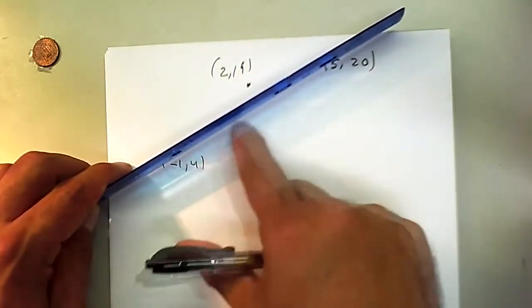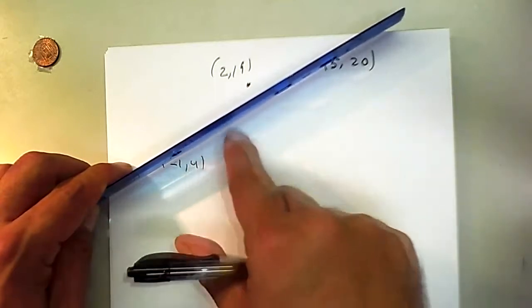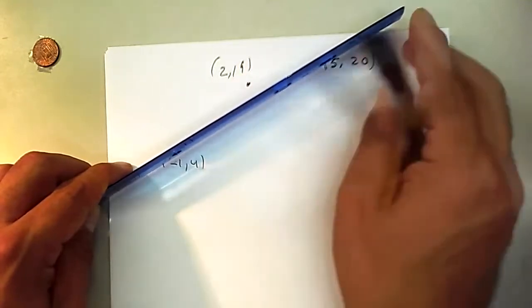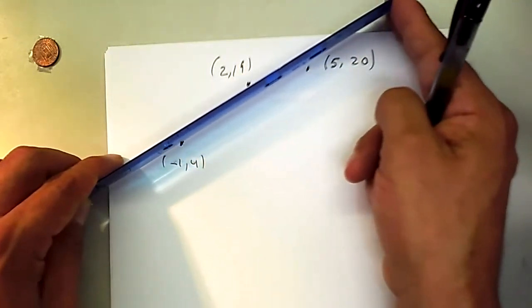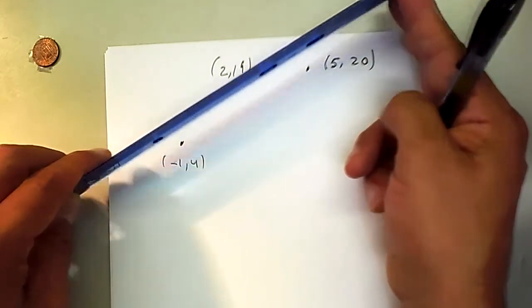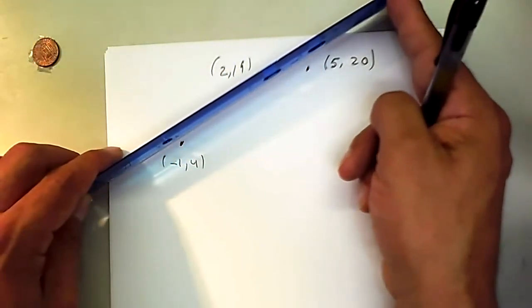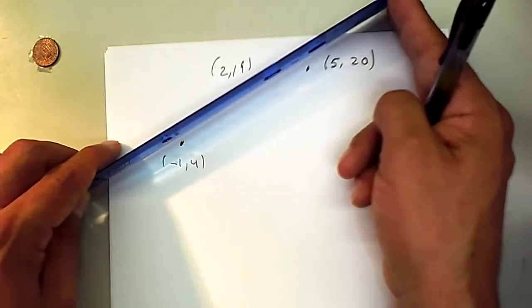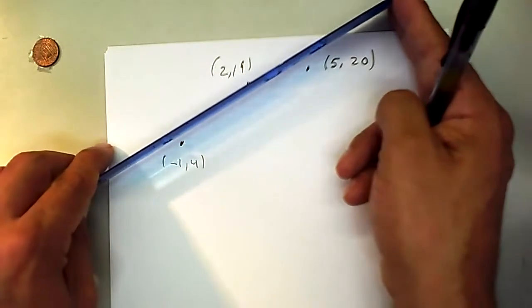We're going to keep those 2 points happy, but that one is not. But then we're going to be too far from that. So what we're going to do is probably move this a little bit. We're going to compromise. Perhaps the line we're going to come up with is going to go through none of the points, but it is going to be the closest to all of them as far as the output goes.